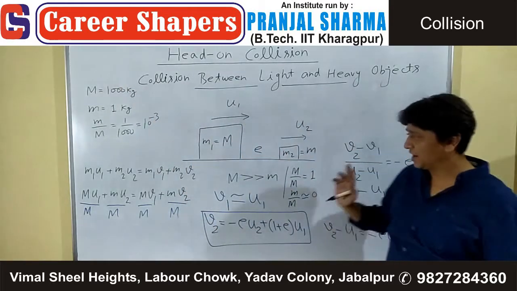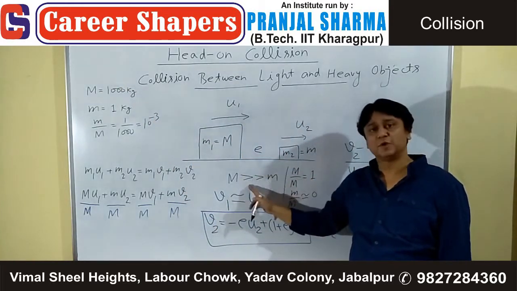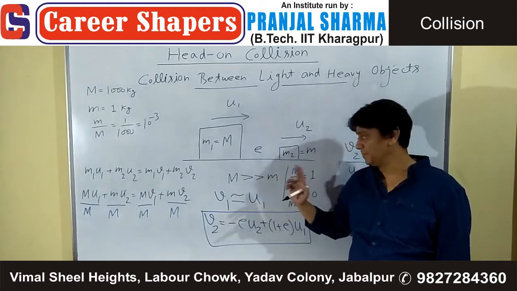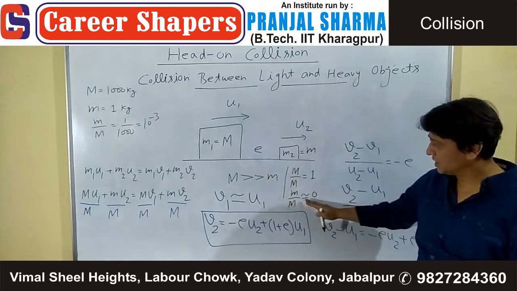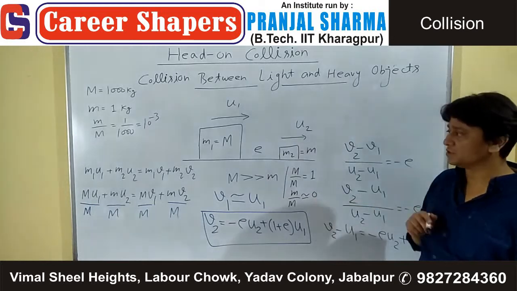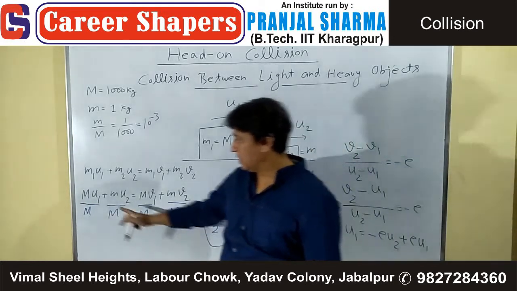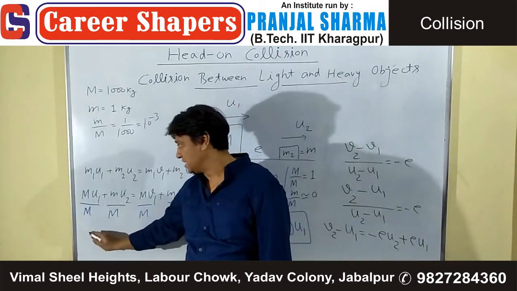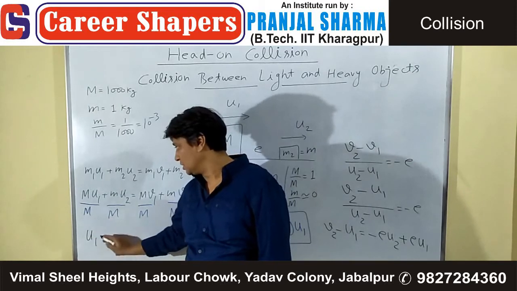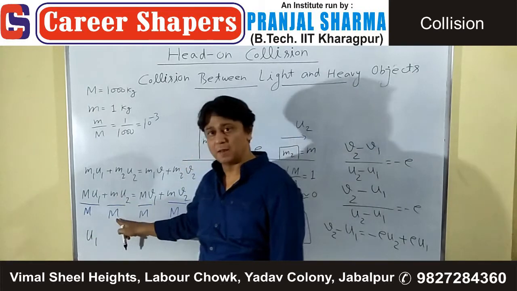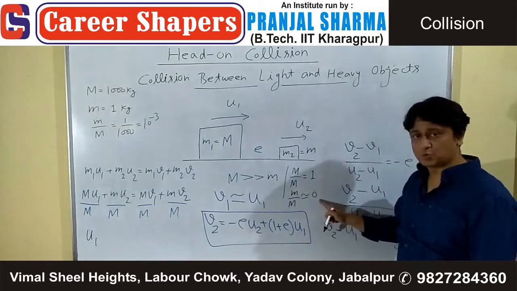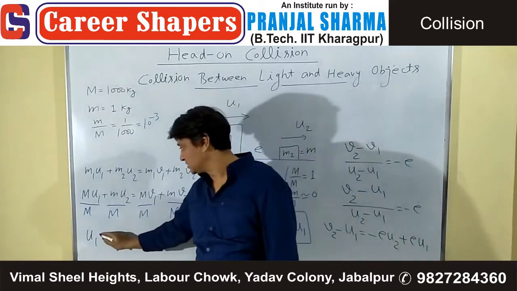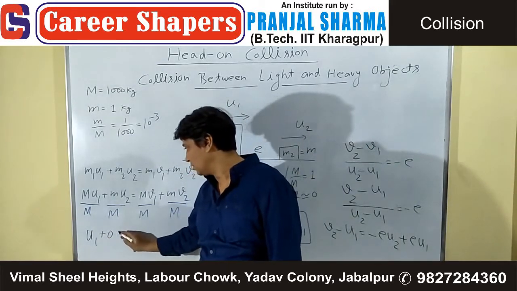Which means if capital M is much larger than small m, then this number is approximately what? 0. Capital M, they are cancelled, you get what? U1. Small m upon capital M is what? 0. Second term becomes what? 0.